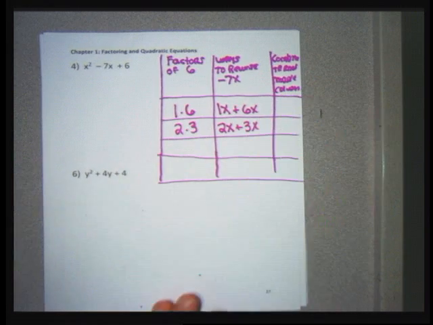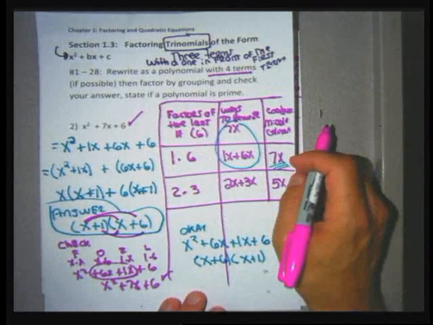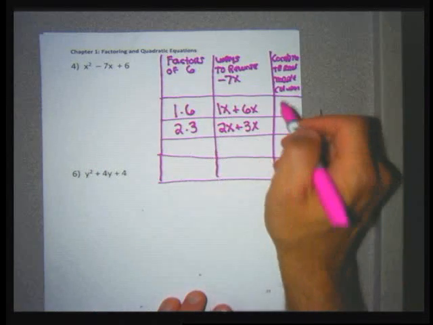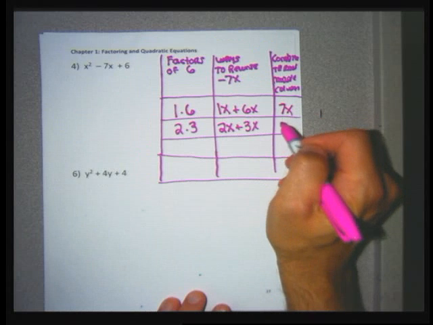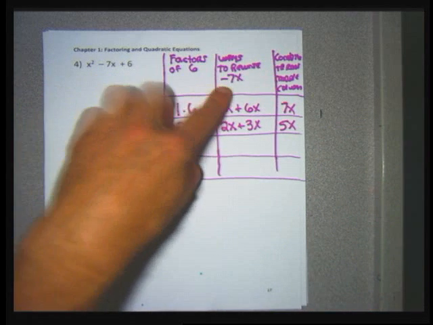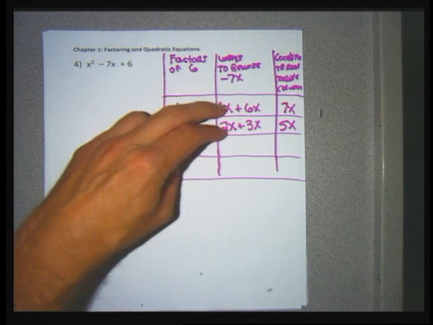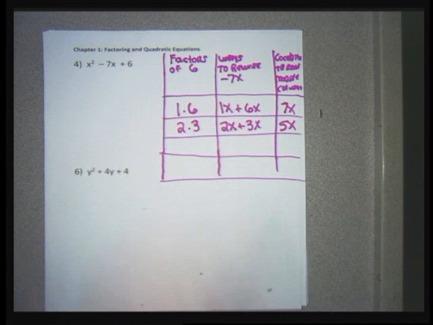That's more or less what I did in the last table. I took the factors of 6 and made a 1 and a 6 and a 2 and a 3. The 1x plus 6x gave me 7x. The 2x plus 3x gave me 5x. Neither of these pairs is the way that I need to rewrite the problem because when I combine these, I don't get negative 7x.